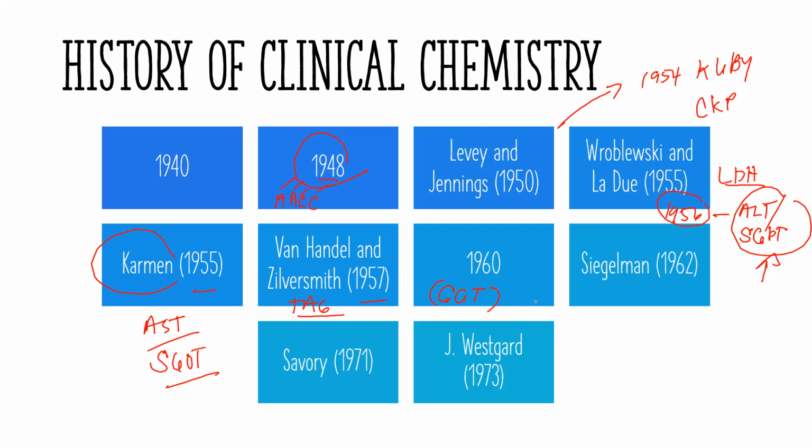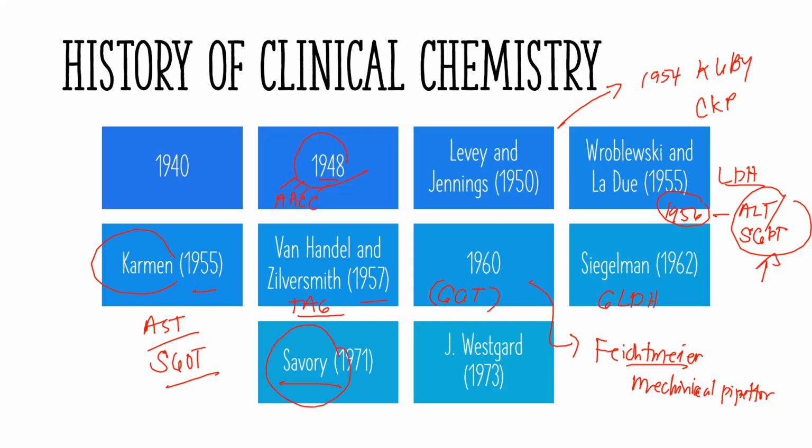In the year 1962, Ziegelman developed the method for glutamate dehydrogenase, or GLDH.